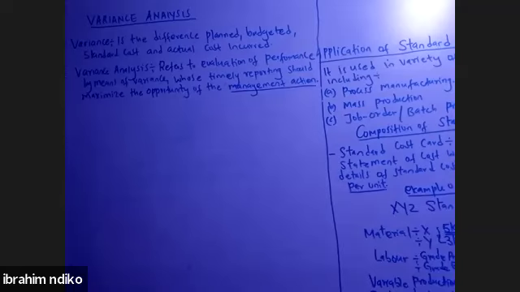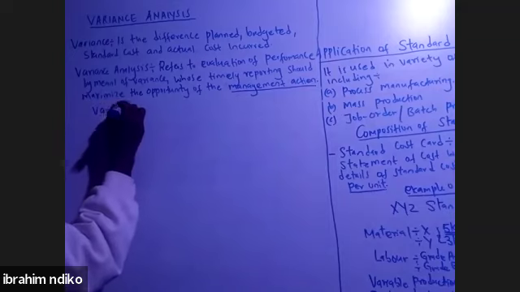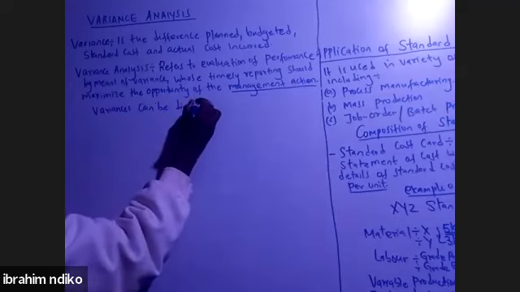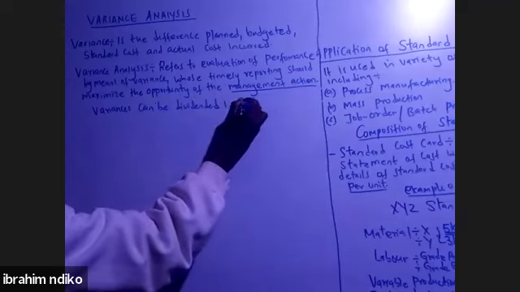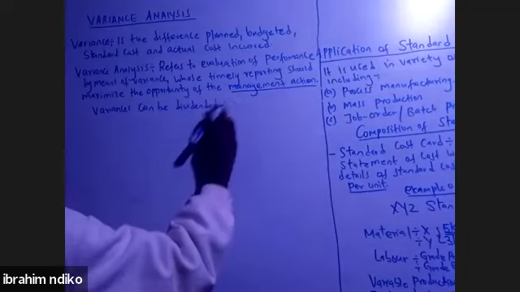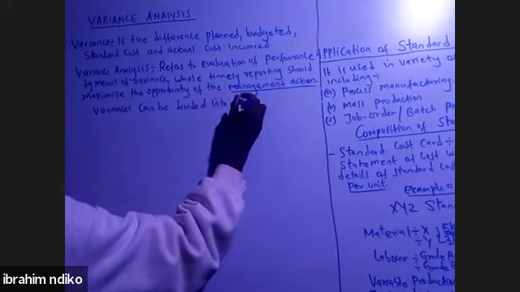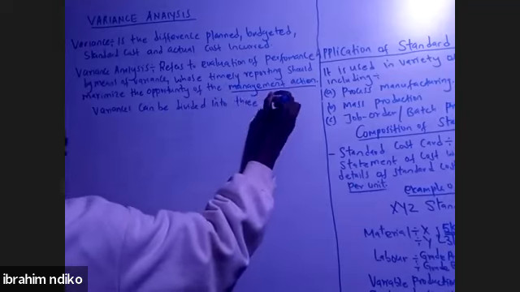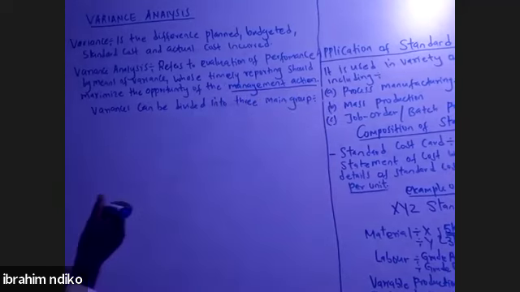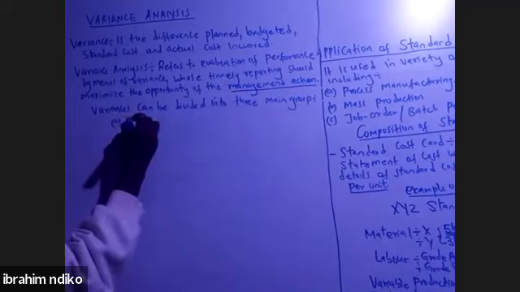So variances can be divided into 3 main groups. Number 1, variable cost variance.